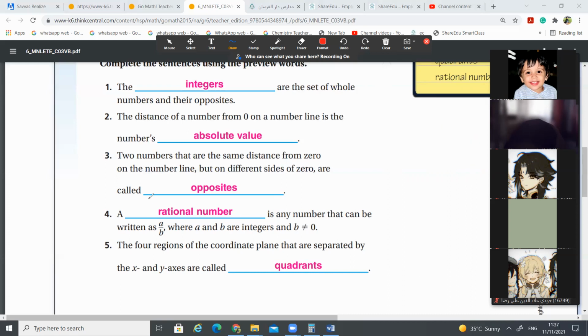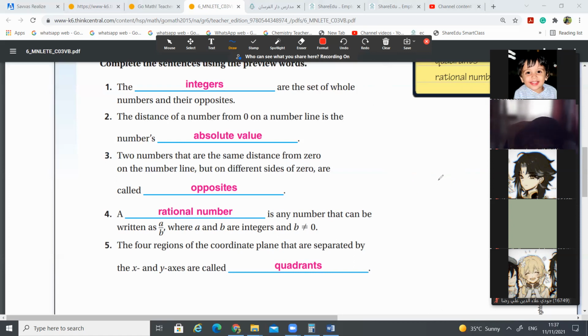Okay. Now, a dash is any number that you can write as 3/5, A over B. But the condition is B must not be equal to 0. This is called a rational number. And we have discussed it.